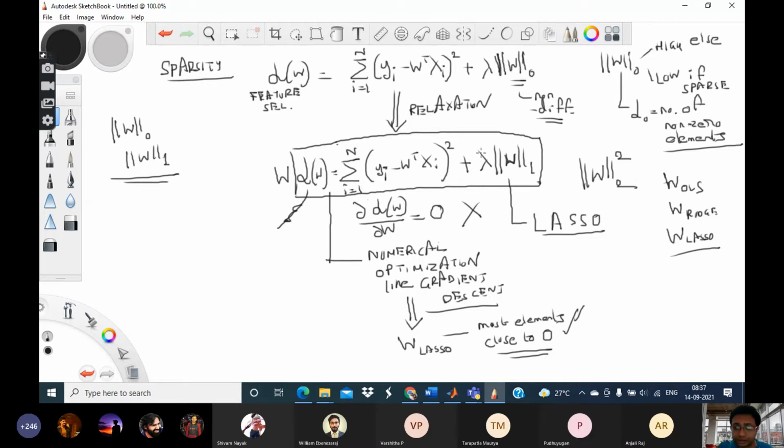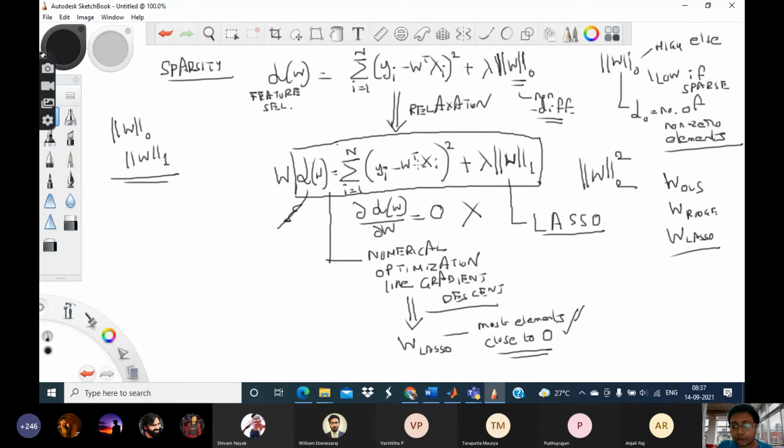The story of the lambda parameter which we discussed yesterday for ridge regression is also valid in the case of lasso regression. Once again, with the help of the lambda, you are making a trade-off between the empirical loss and the structural loss.